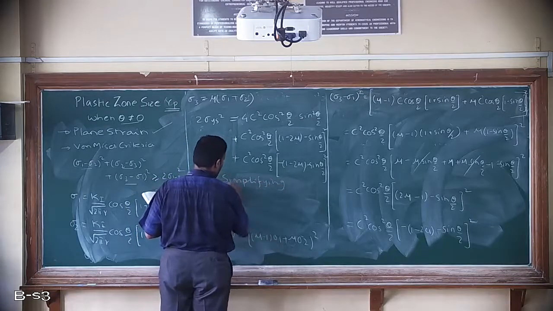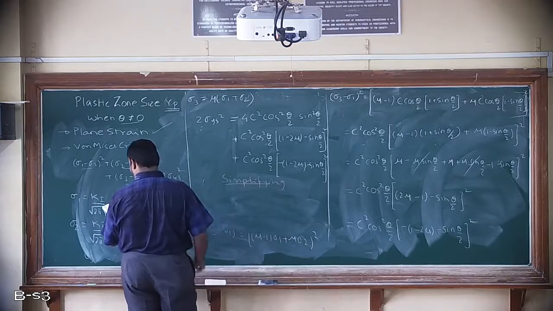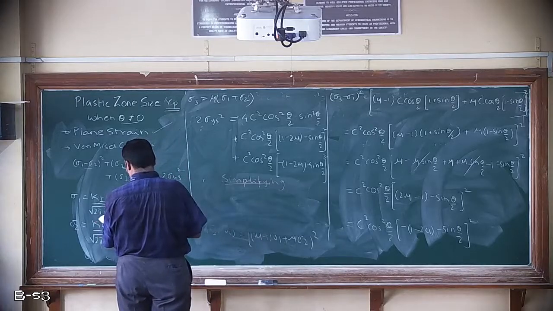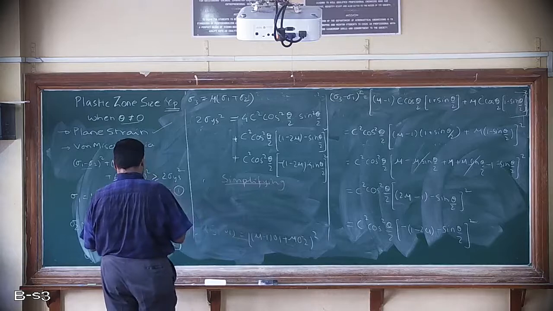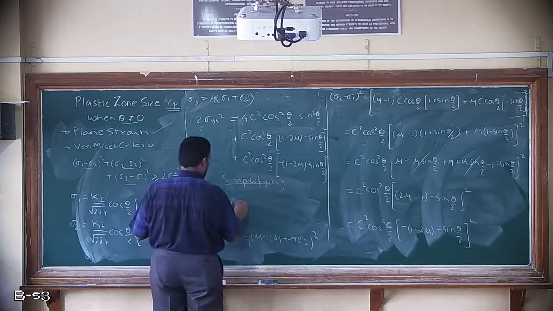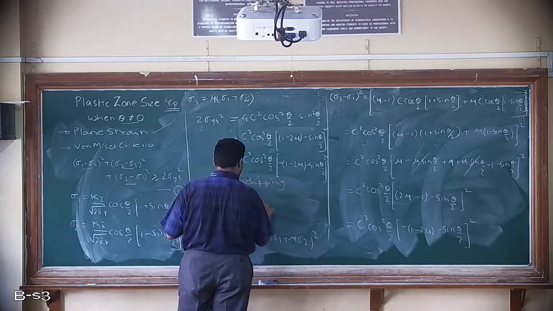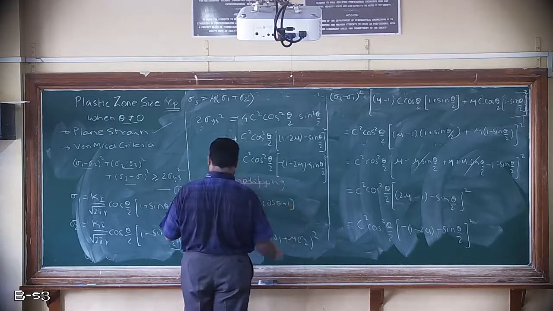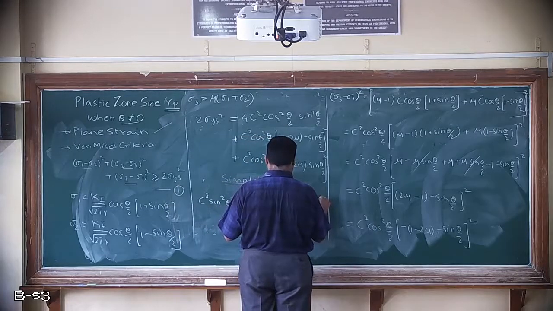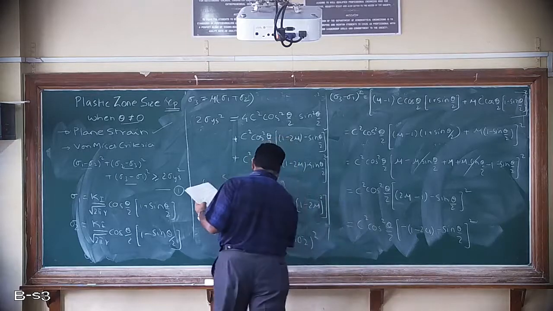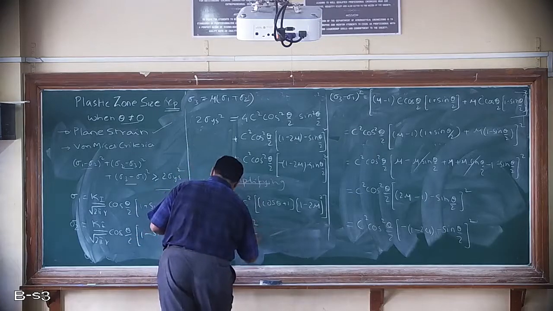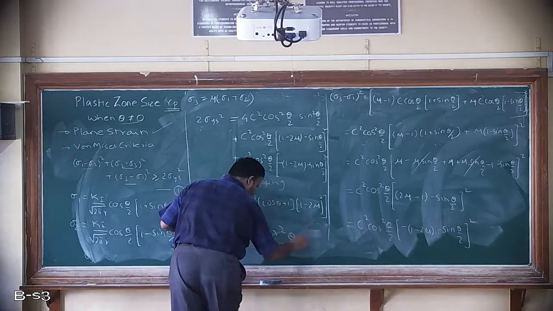So simplifying, we come to the expression that is c square sin square theta plus c square in the bracket cos theta plus 1 into 1 minus 2 mu the whole square over here plus c square by 2 sin square theta.